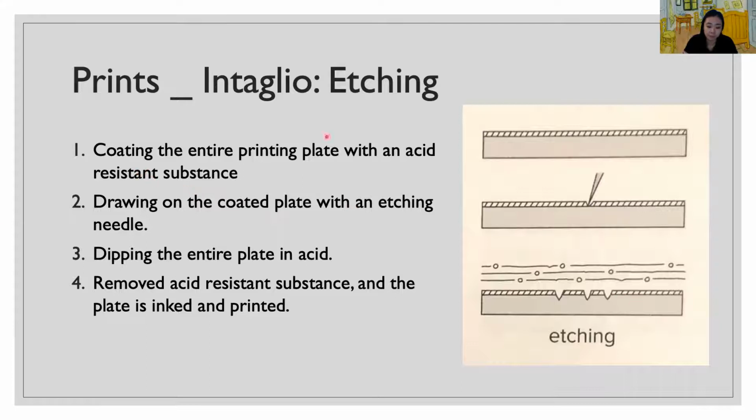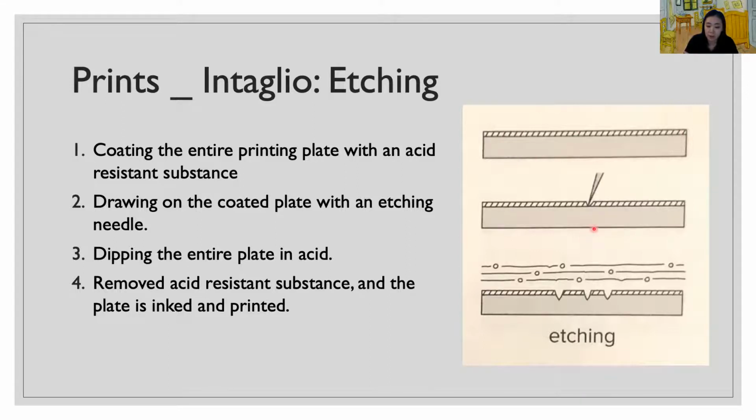So etching is done with acids that eat lines and depressions into a metal plate, much as sharp tools cut those depressions in the dry point method. The process is here. The artist coats the entire printing plate with an acid-resistant substance called ground.